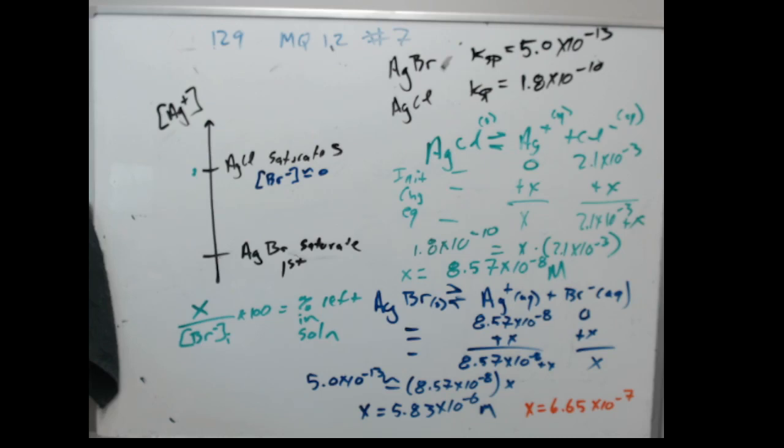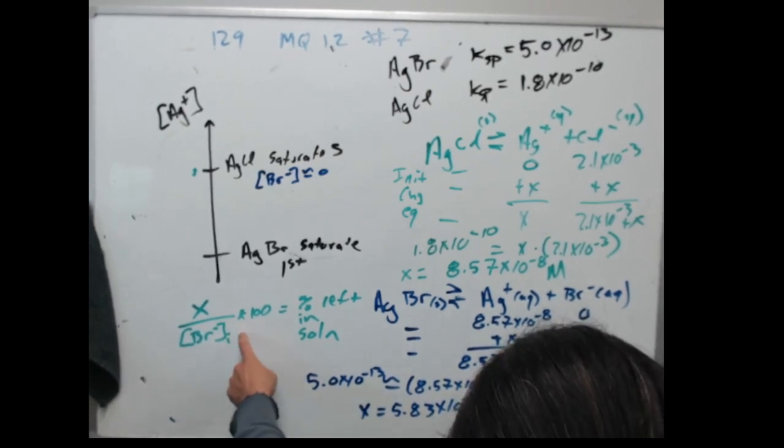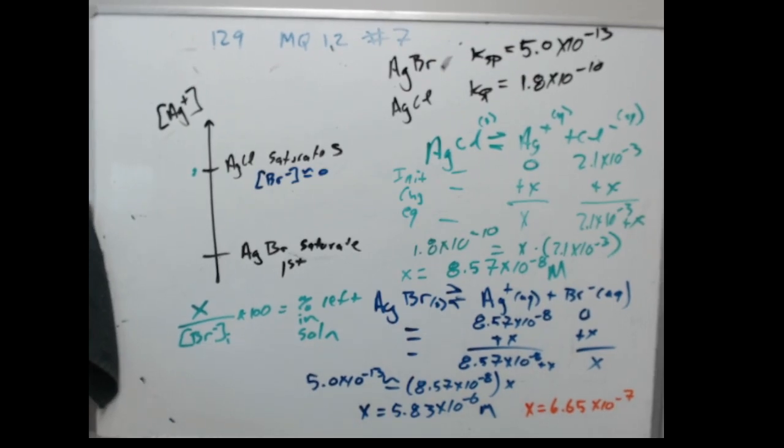What's the percent of bromide ions left in solution? So I take the amount that I had calculated of bromide ions left in solution, I divide by the initial, multiply by 100, that gives me the percent left. And it's like 0.2% left, 0.3% left.